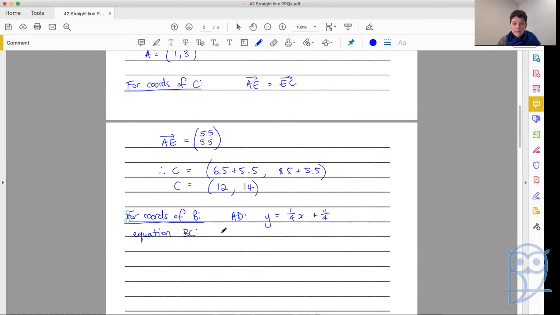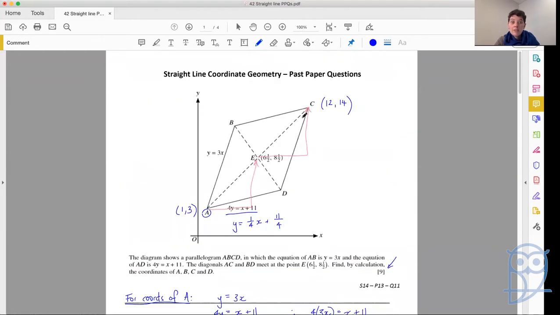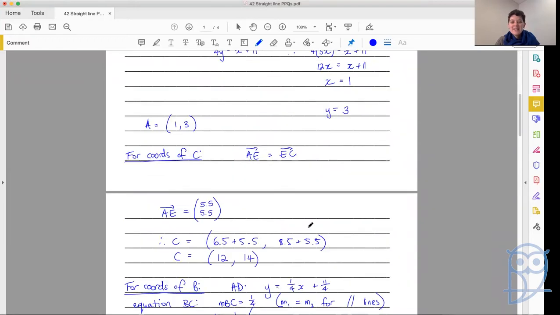We have gradient m_BC equals 1/4, since m1 equals m2 for parallel lines. And we have it going through a point. Which one do we want to use? We don't have B, so we can only use C, (12, 14).